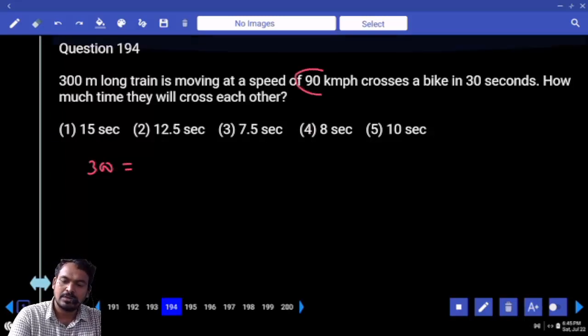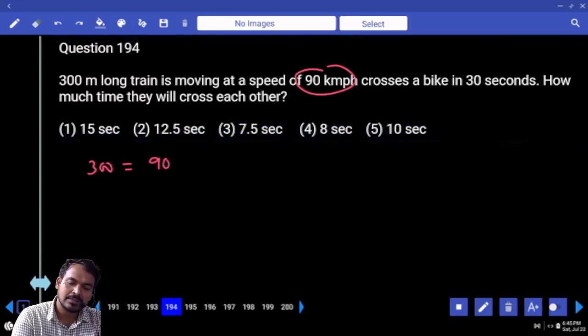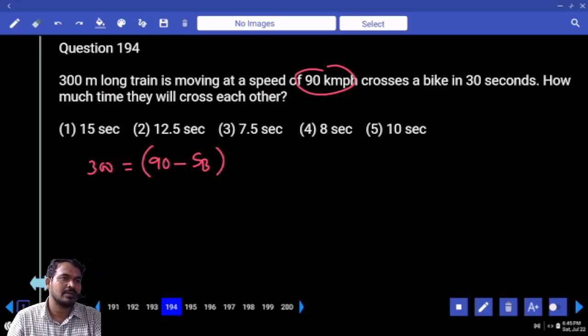What is the speed of the train? 90 minus the speed of the bike. Speed of the bike we consider SB. 90 minus SB is the relative speed in the same direction, multiplied by 5 by 18, into how many seconds? 30 seconds, sir. 5 into 30, 150.